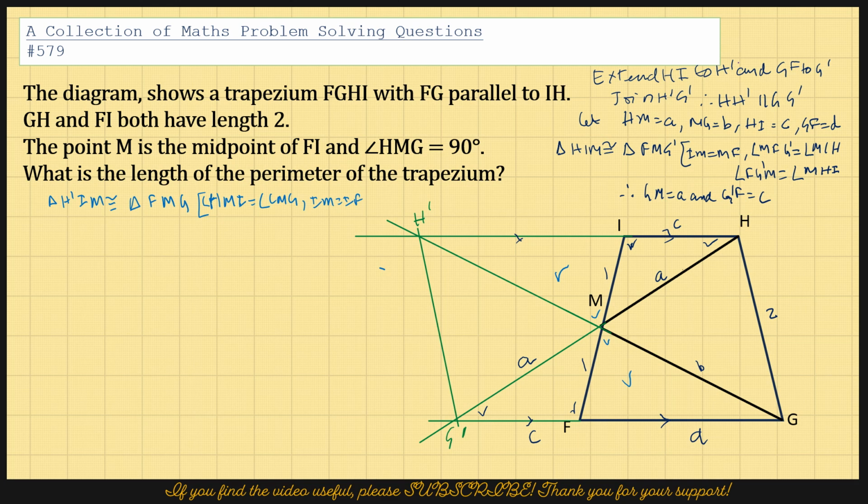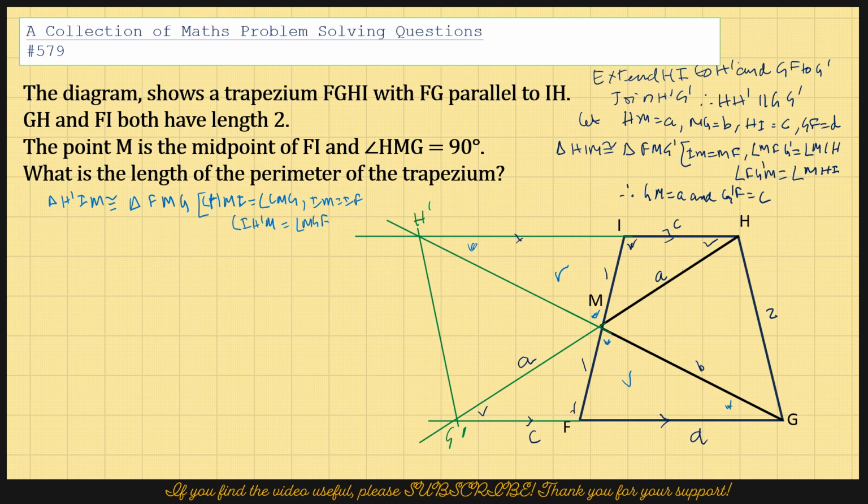And you will have angle IH dash M equals angle MGF. So we've got two angles on one side, as we did in the other case, and we've got the side.